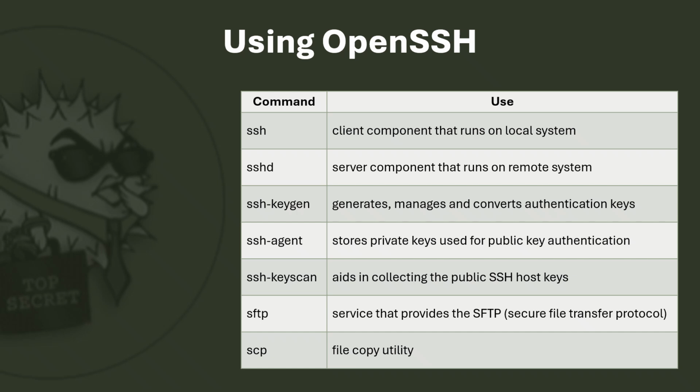In practice, administrators use these commands to establish secure connections, manage user access, and ensure the integrity of encrypted sessions. The ability to generate and control keys is particularly crucial as it guarantees that only trusted devices and users can authenticate with the server, thereby reducing the risk of unauthorized access.